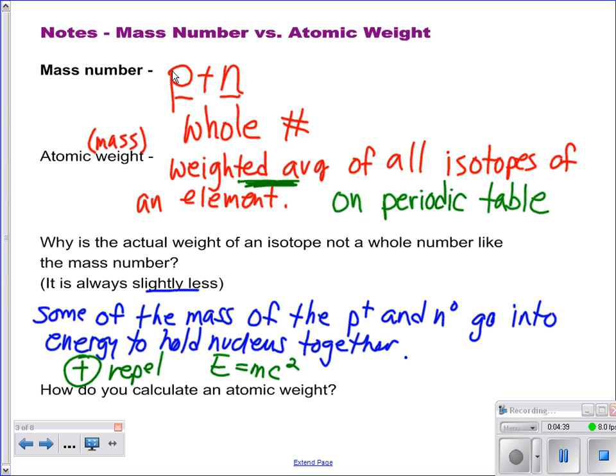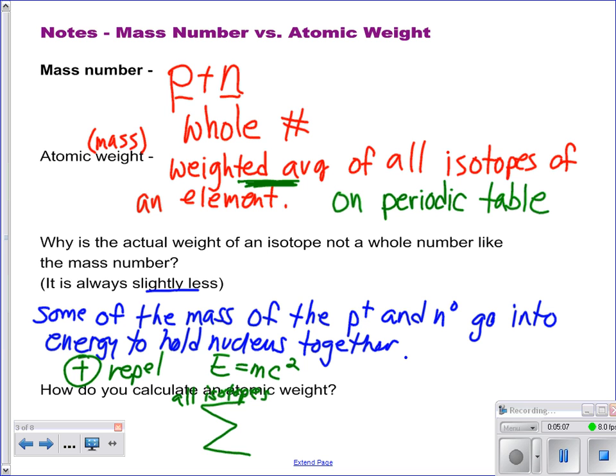For this, we're going to use a formula, and I'm going to write this fancy formula, but you don't really have to think of it in these terms. You've got this big sigma in math. Anybody know what that means? Summation. You're adding everything together. That's all that means. So it's the summation of all of the isotopes. Sometimes you might have 2 common isotopes, other times you might have 5 common isotopes.